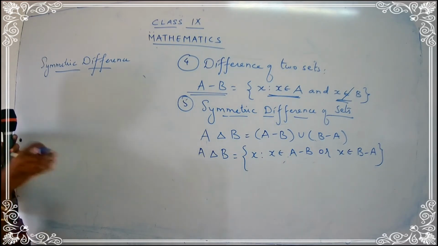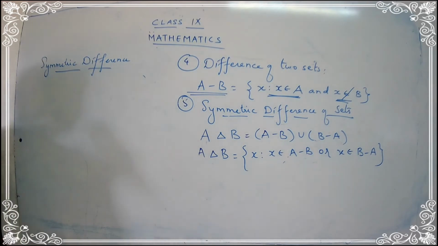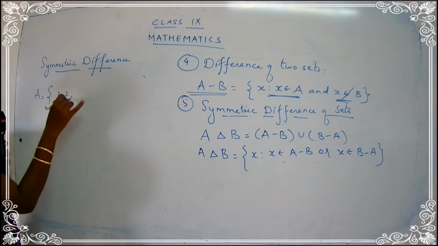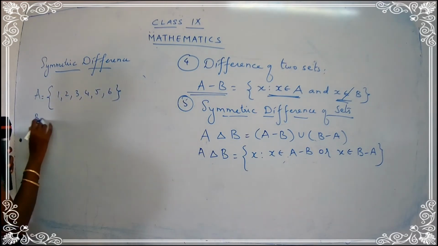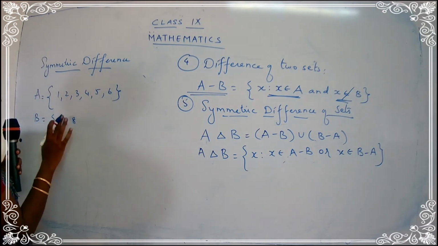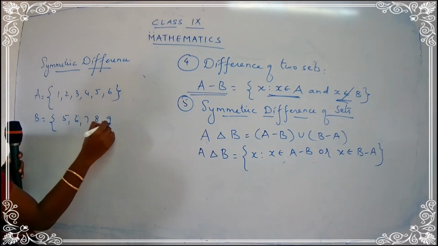The fourth point is only difference and the fifth point is symmetric difference. So they are totally different. So for symmetric difference, I'll take two sets. A is 1, 2, 3, 4, 5, 6. B I'll start from 5: 5, 6, 7, 8, 9, 10.